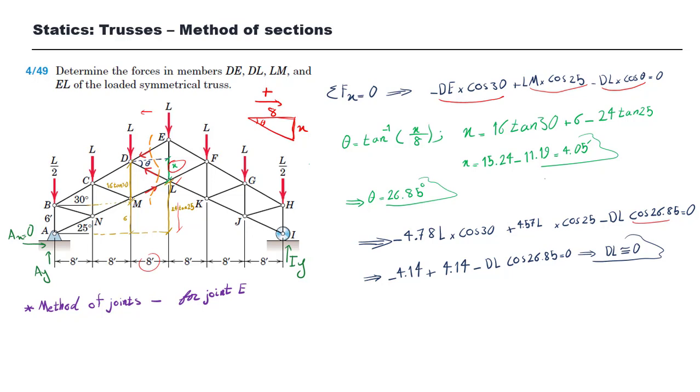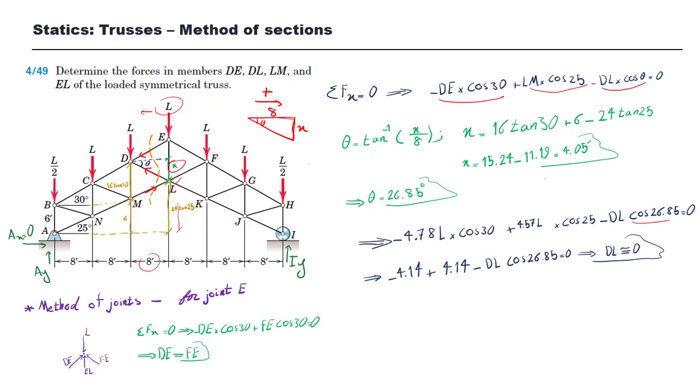Okay, in order to calculate the amount of el, we need to use the method of joints. What we have for joint E is one external force, which is downward, and there are three members connecting to joint E: DE, FE, and EL.